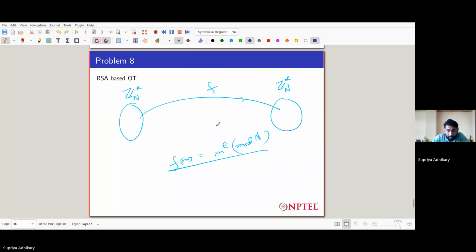Now let's consider, as we have discussed about the definition of a hard predicate, let's consider hx as the LSB, the least significant bit of x. That is to decide whether this x is an even number or odd number. So if this is our function f and this is f of x, then now the problem is to find hx.